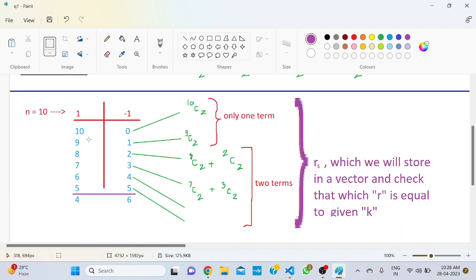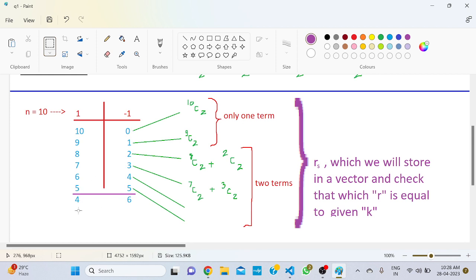If there are 10 ones and 0 minus 1, now start decreasing the number of ones and start increasing the number of minus ones. Now up to 5, there are 5 ones and 5 minus ones.